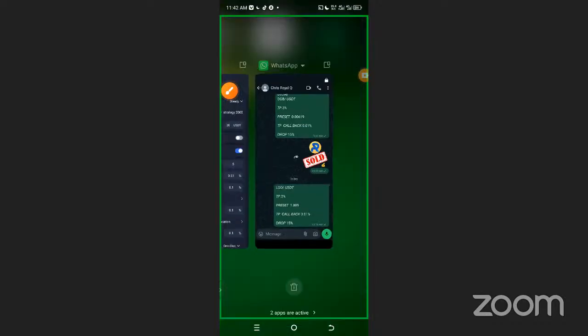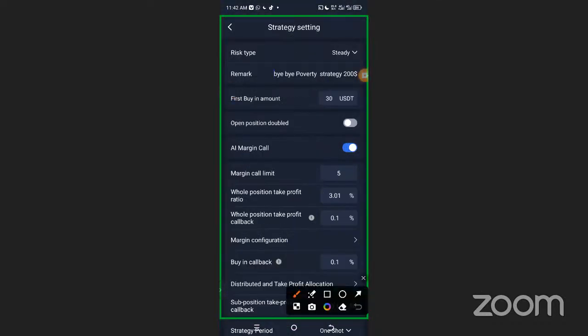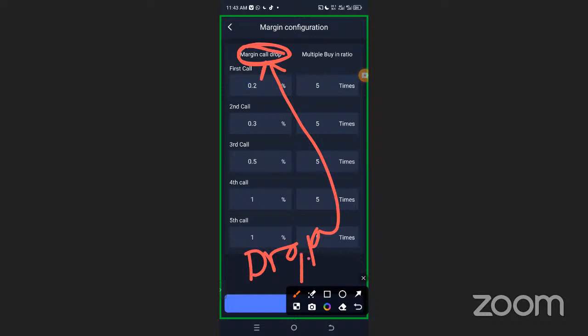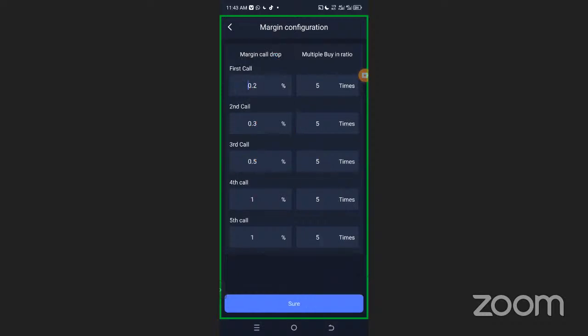Because when you open the margin configuration here, the word drop means margin call drop. Therefore, we don't need the 15% given in the signal because we have already saved 0.2, 0.3, 0.5, 1%, and 1%. Are we together?